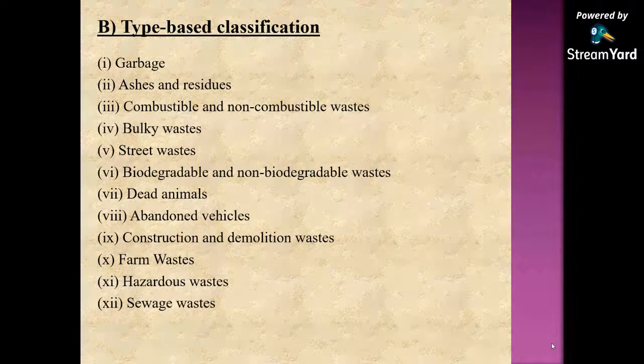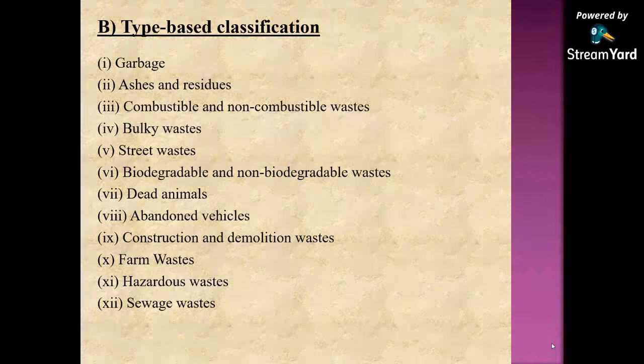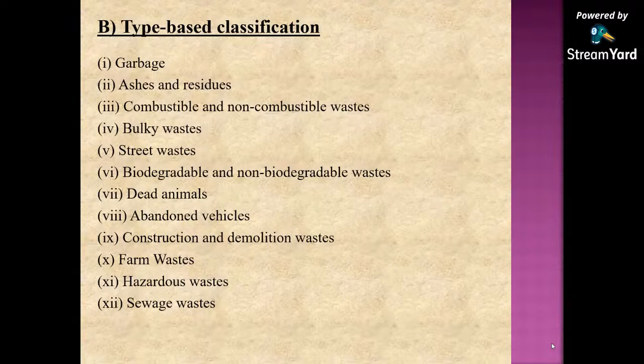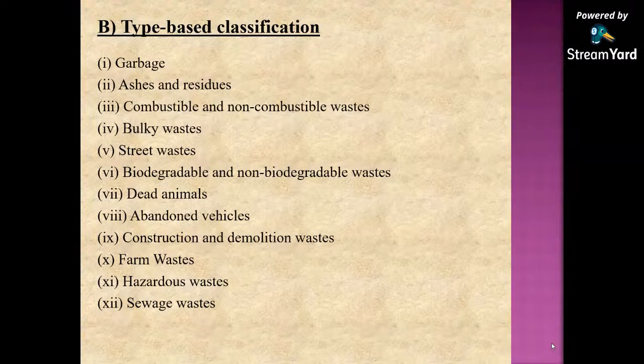Dead animals are divided into two groups, that is large and small. Among the large animals are horses, cows, goats, sheep, pigs, etc. And among the small ones are dogs, cats, rabbits, rats, etc. These are the small animals.